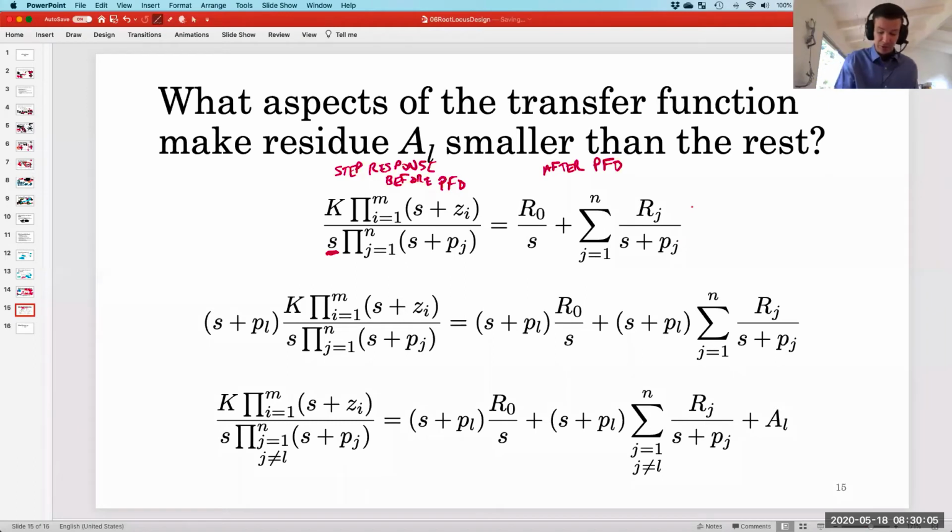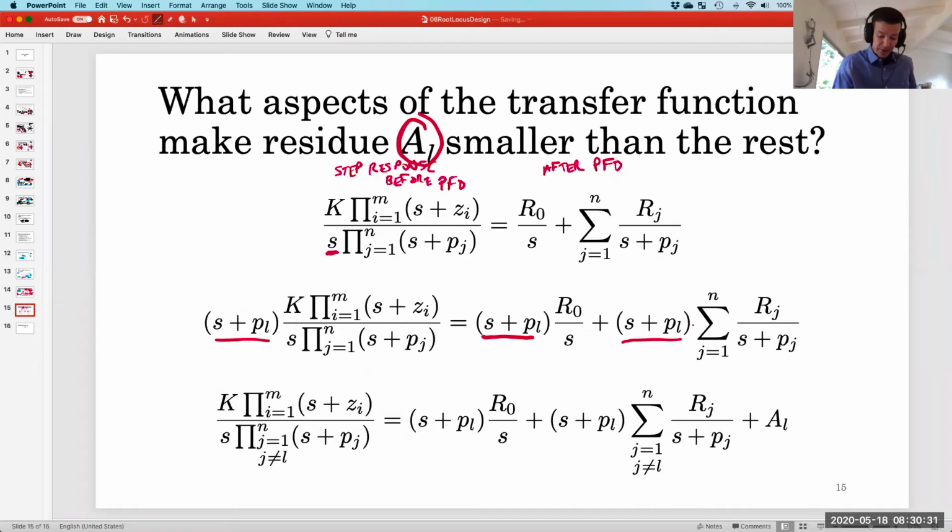Okay, so one way to view the cover-up method is: pick the residue that you'd like to solve for, in this case A sub L, and multiply through by S plus P sub L. Right, so that S plus P sub L appears everywhere. I'm multiplying both sides of the equal sign by the same thing, which means I still get equality.